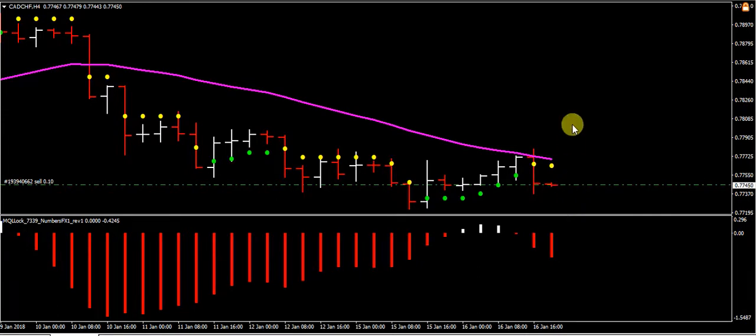So it looks like on both those it's basically saying the CAD is weak. So you've got one downtrend, one uptrend, and we shall see what happens.